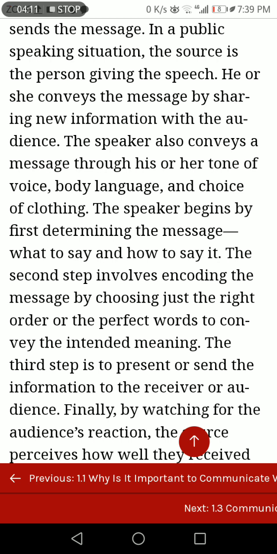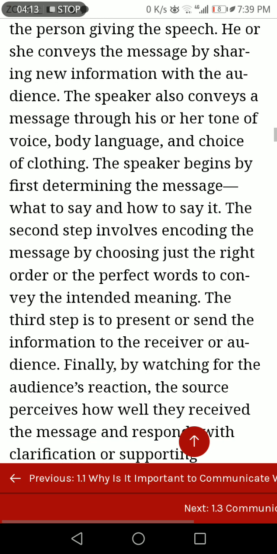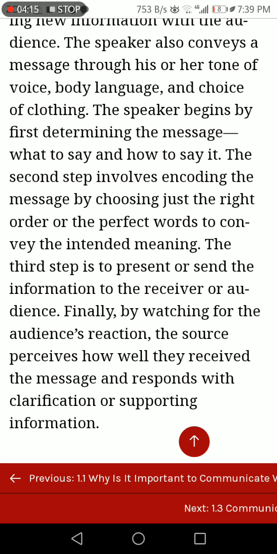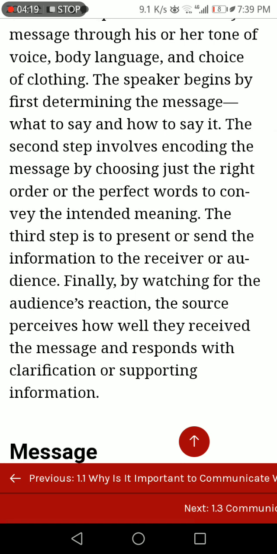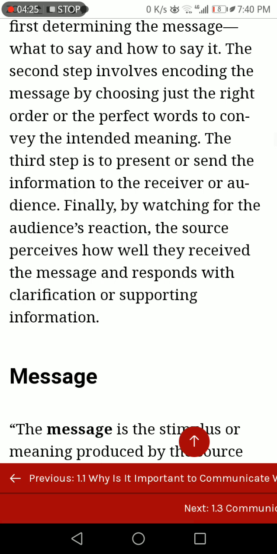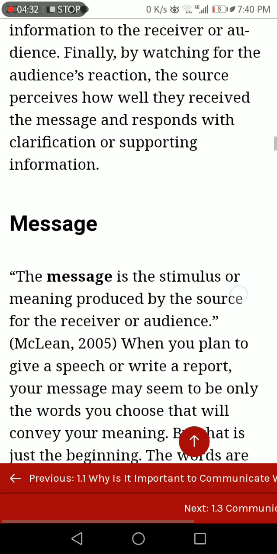The second step involves encoding the message by choosing just the right order or the perfect words to convey the intended meaning. The third step is to present or send the information to the receiver or audience. Finally, by watching for the audience's reactions, the source perceives how well they received the message and responds with clarification or supporting information.